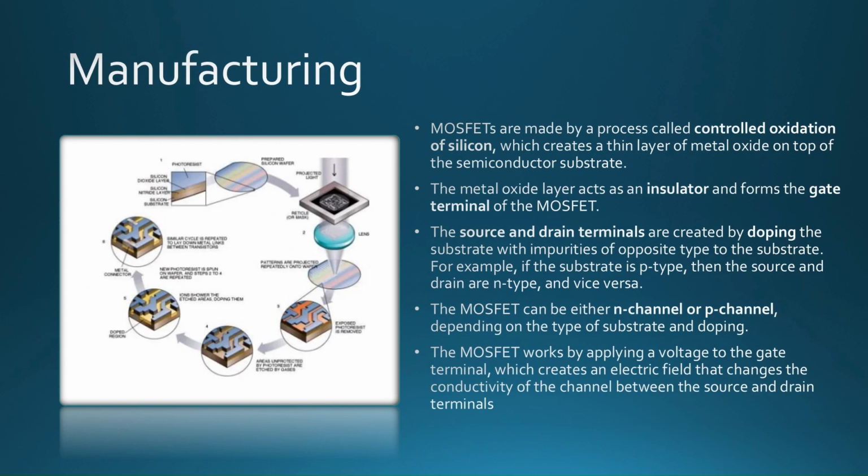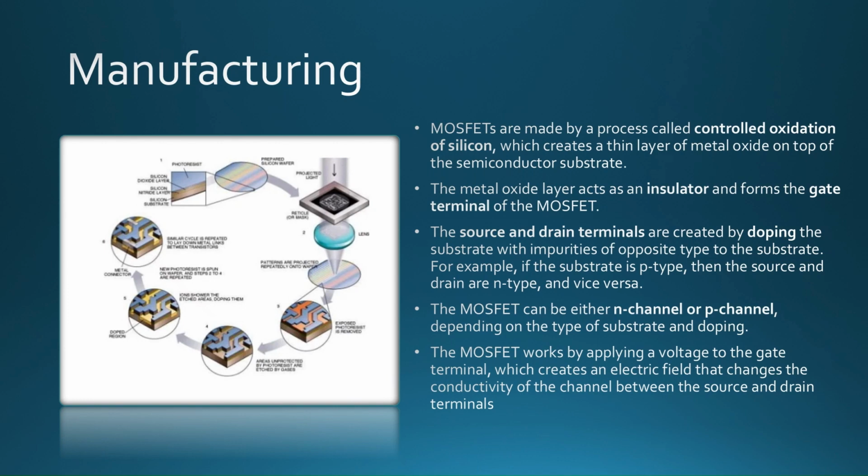MOSFETs are made by a process called controlled oxidation of silicon, which creates a thin layer of metal oxide on top of the semiconductor substrate. The metal oxide layer acts as an insulator and forms the gate terminal of the MOSFET. The source and drain terminals are created by doping the substrate with impurities of opposite type to the substrate.